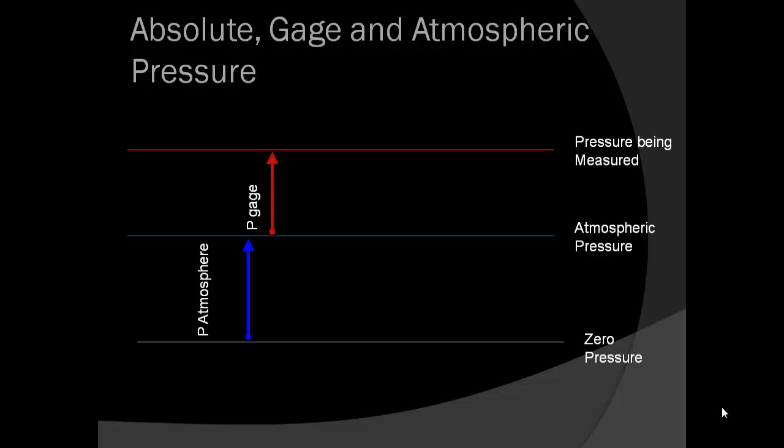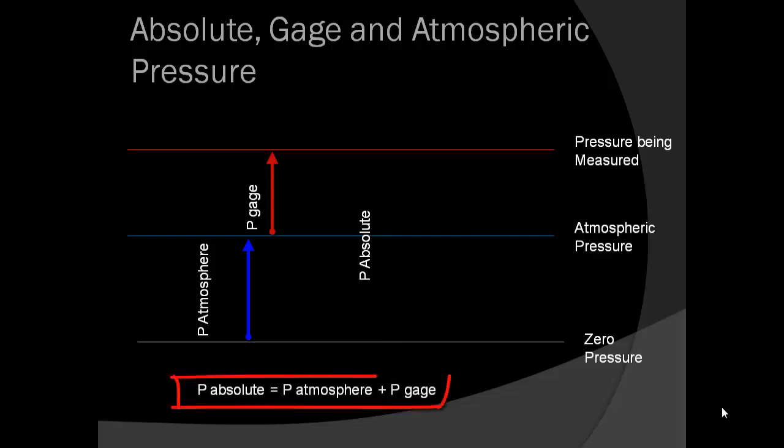Typically, gauges are calibrated to read 0 at atmospheric pressure, so that the reading you get, the gauge pressure, is going to be the difference between the measured pressure and atmospheric pressure. Absolute pressure, gauge pressure, and atmospheric pressure are related by the equation: P absolute is equal to atmospheric pressure plus gauge pressure.